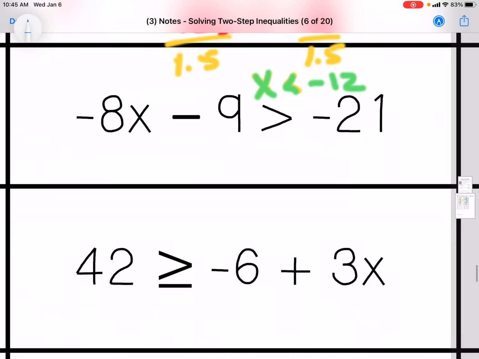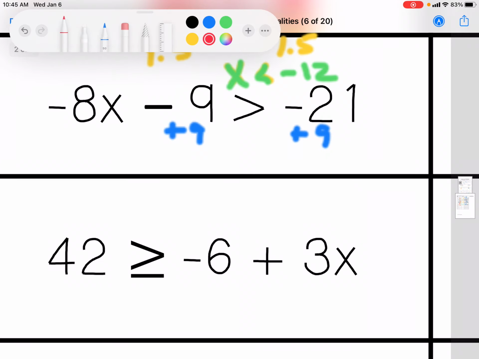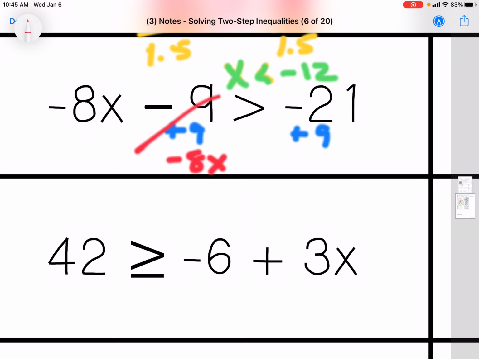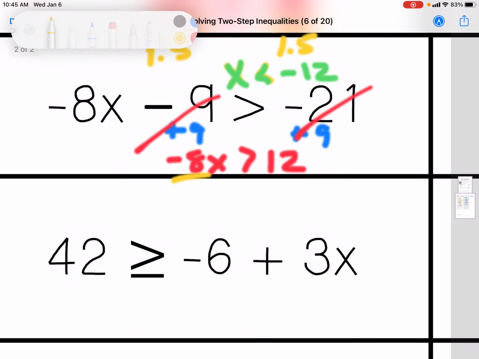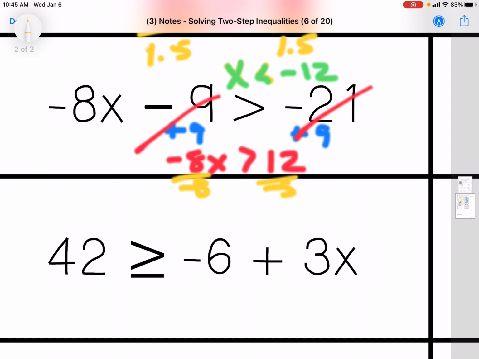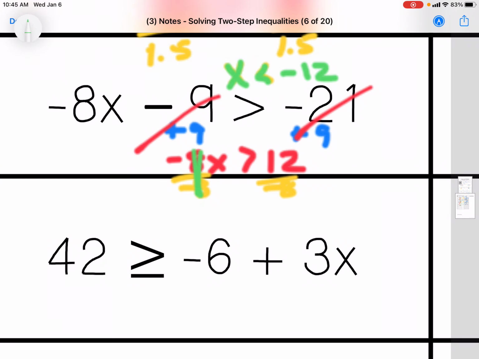All right, number 9. Add 9 to both sides. You're going to get negative 8x is greater than 12. Divide by negative 8. Oh, alert, alert, I did it to both sides. Negative, alert. So guess what happens to the sign? It flips.